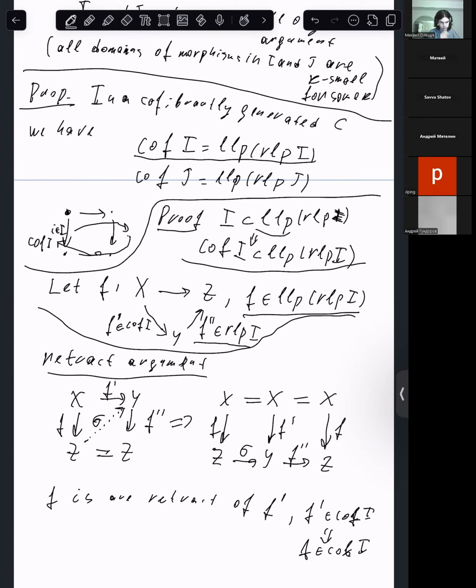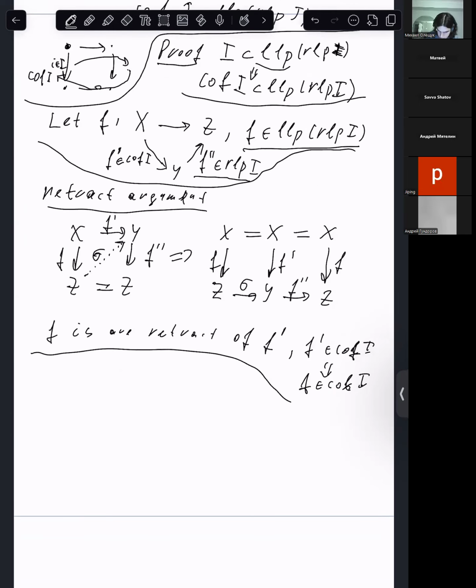Let's recall when we started to talk about cofibrantly generated model categories: we wanted to find the properties that give us the existence of factorizations, from the theorem we proved last time.